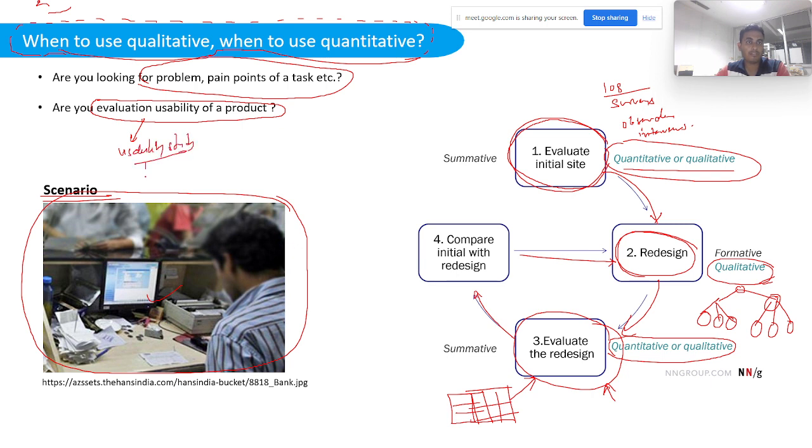So you will have a set of predefined metrics, for example, time to execute, or whether the task is finished or not. All that information will be quantitative in nature. Similarly, it can be task analysis, which will be qualitative. It can be cognitive walkthrough, which will be again qualitative. So when you evaluate something, it can be both qualitative as well as quantitative.